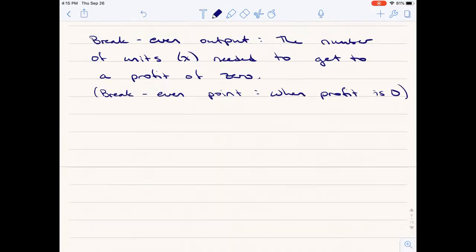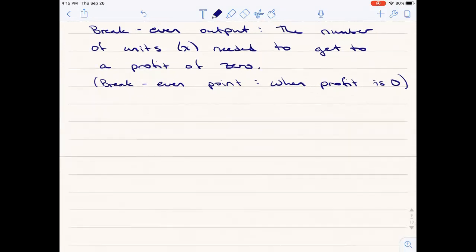And the break-even output is how many units do I need to sell to get to a profit of 0. And rather, at least how many units do I need to sell in order to make a positive profit? That's what I wanted to say. Just wasn't coming out.